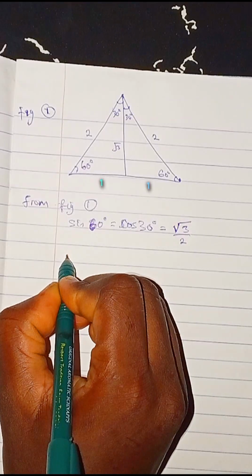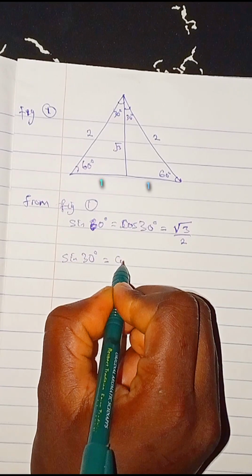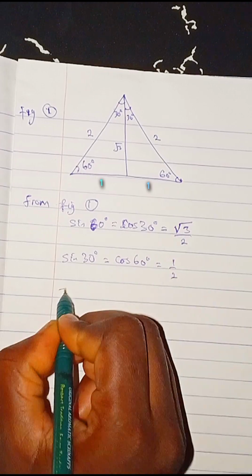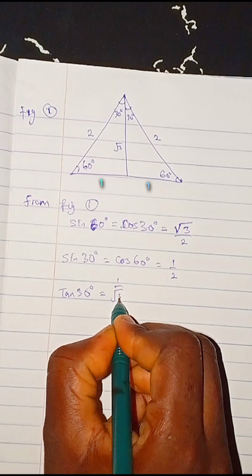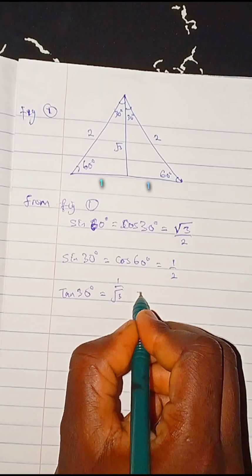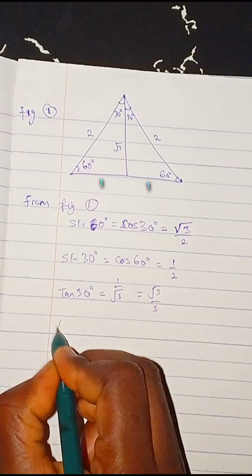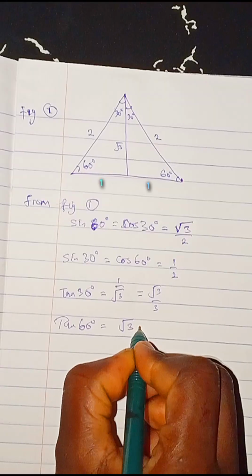We have also seen that sine 30 degrees is the same thing as cos 60 degrees, which is 1 over 2, and tan 30 degrees is 1 over square root of 3. When you rationalize, you have it to be square root of 3 over 3, and tan 60 degrees to be square root of 3.